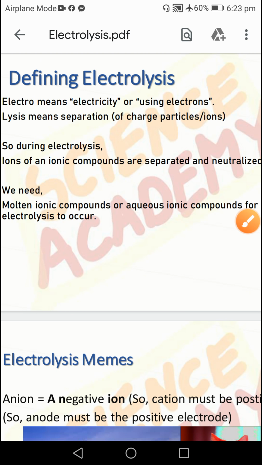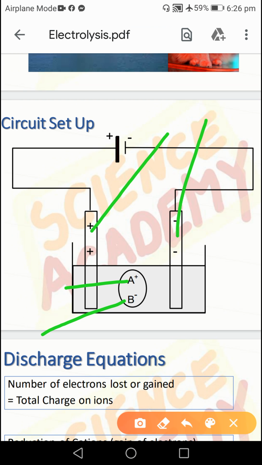An electrolysis setup has got a positive rod and a negative rod, it has got a positive ion, a negative ion, and a solution in which both the positive and the negative ions are staying.